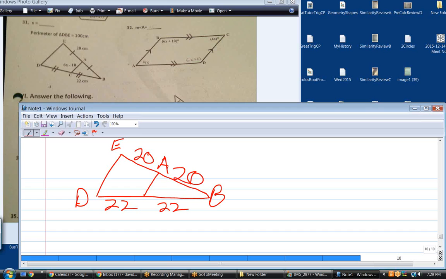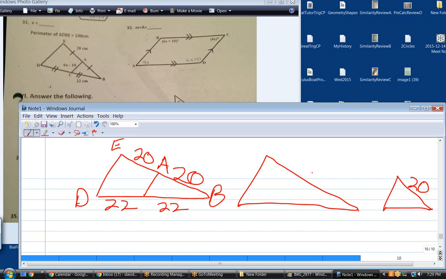What's my similarity ratio between the big triangle and the little triangle? Okay, let's separate them out. Here's my big triangle. Here's my little triangle.